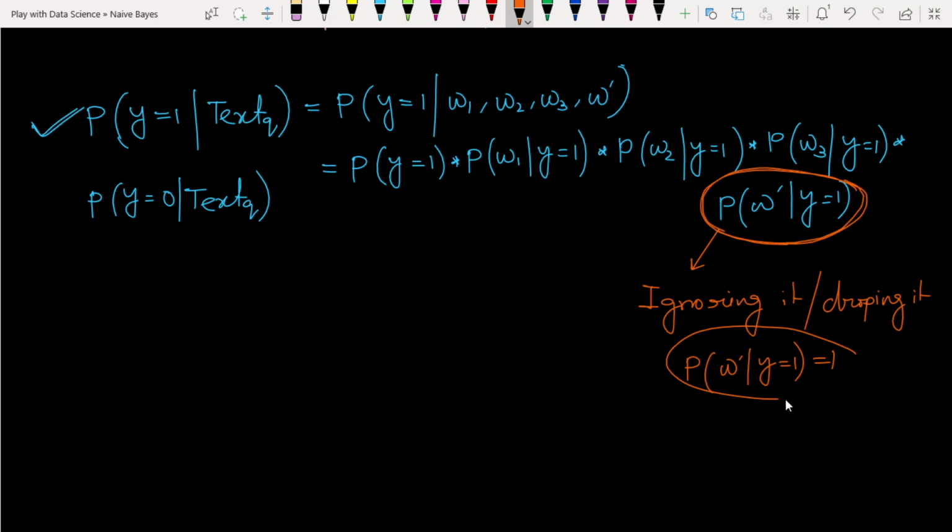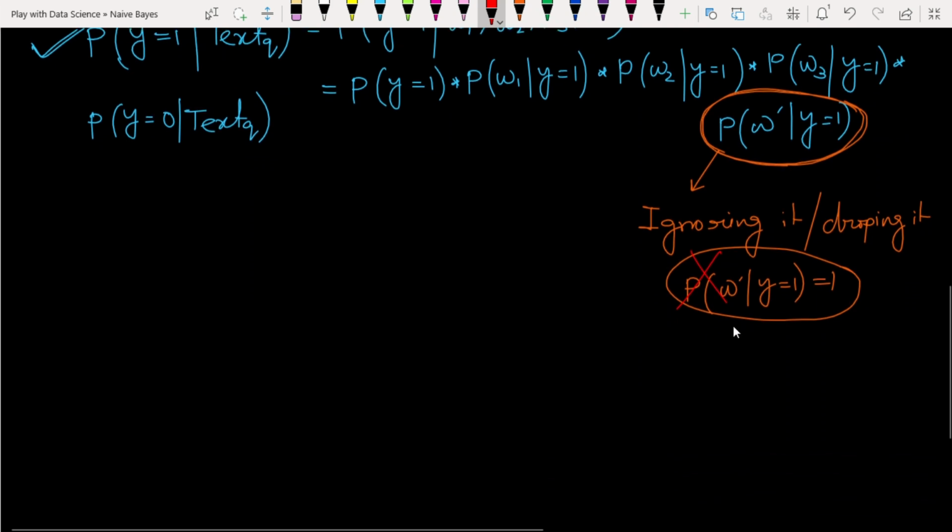So if we take this value equal to 1, then what happens to the whole probability? This is totally wrong, because taking the probability equal to 1 means that in the training set we have already considered this word. So this is a totally wrong assumption.